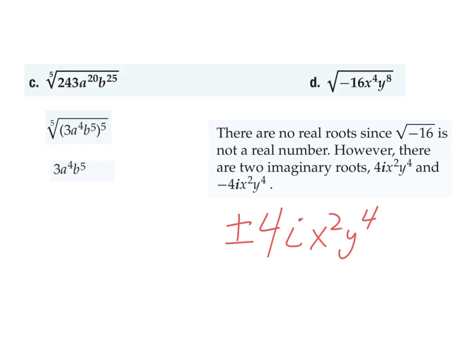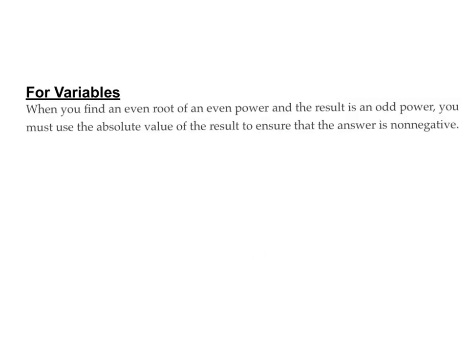We have a situation where we have exceptions. And I want to talk about when that happens and what you need to look for. Because until now, you would have never even probably contemplated this. So here's the first part. When you find an even root of an even power, and the result is an odd power, we're talking just about roots, the index, and powers.